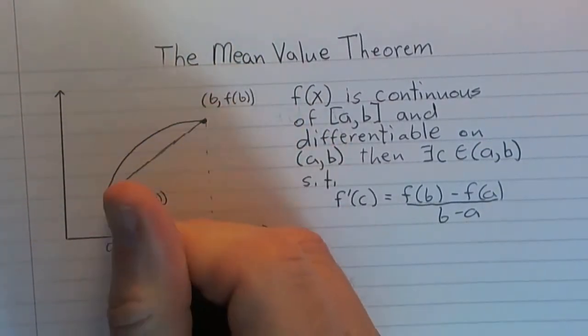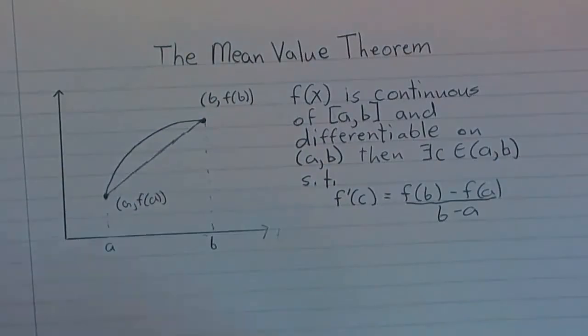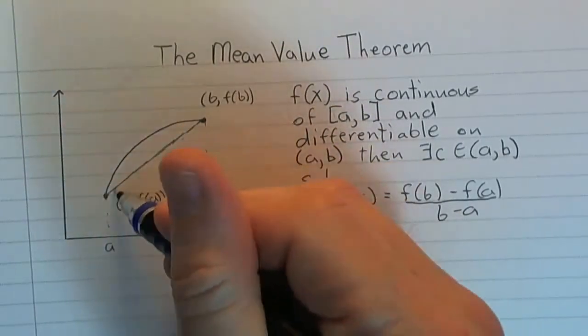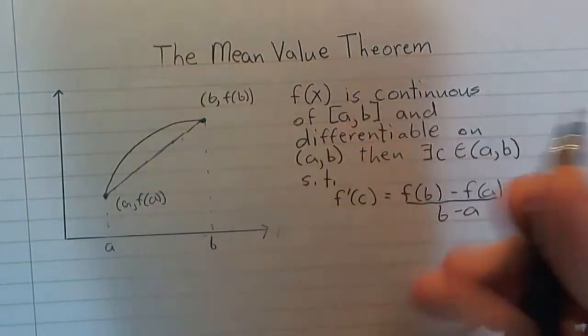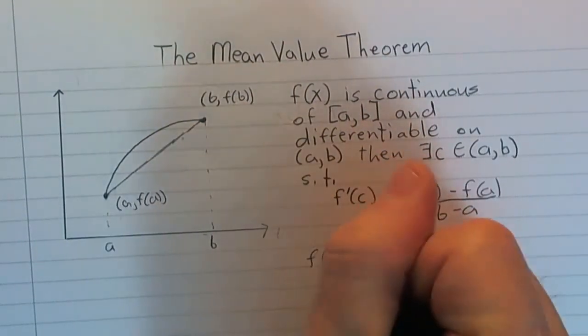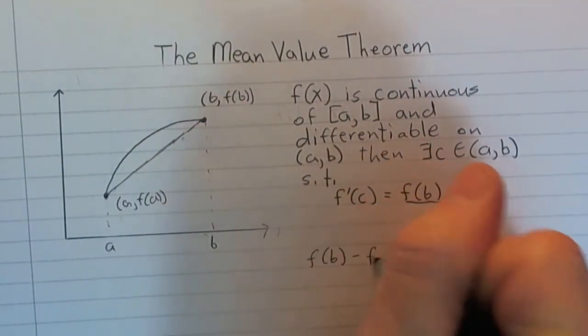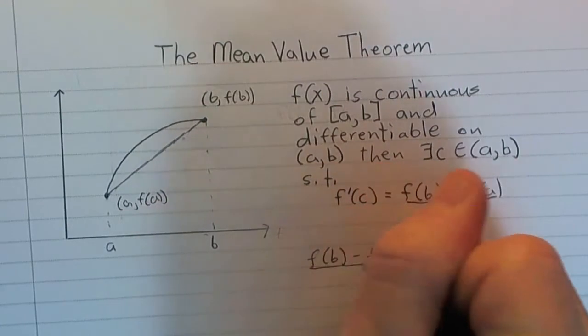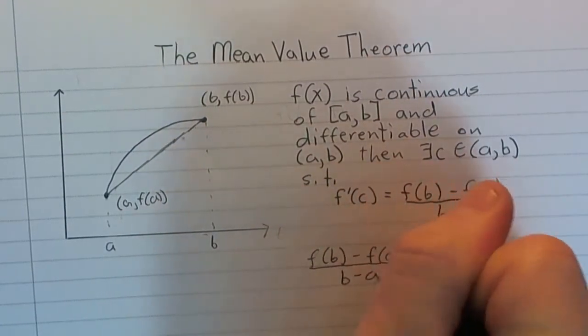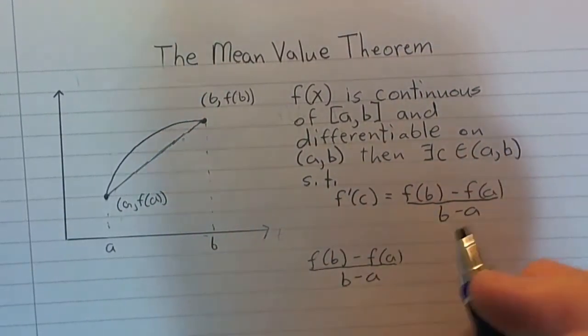See? So there's this point and there's this point. The slope of this line right here is f of b minus f of a over b minus a.